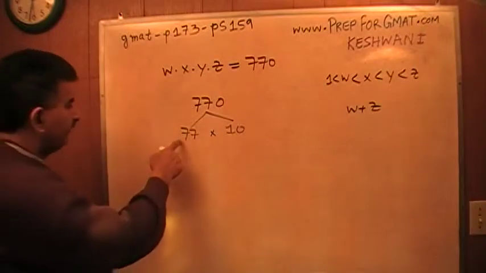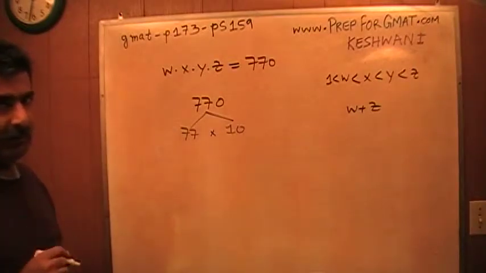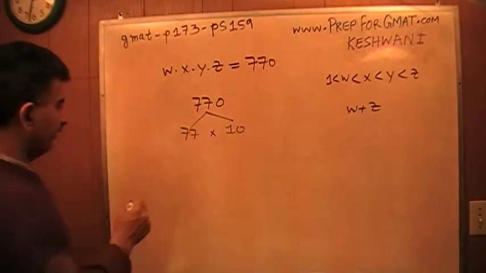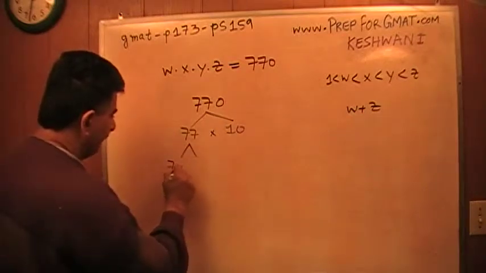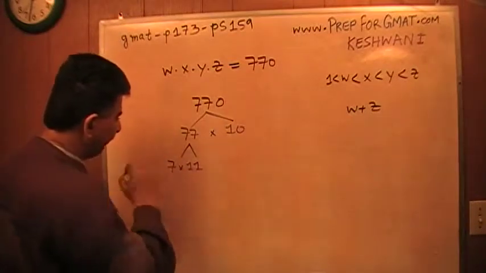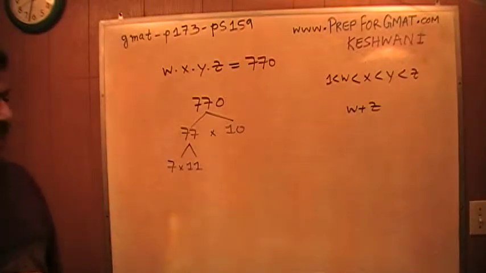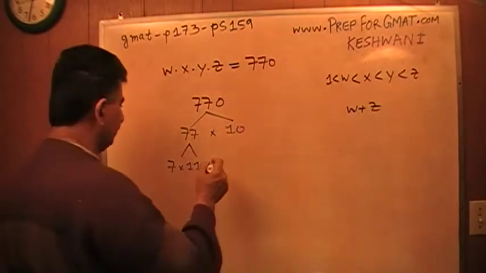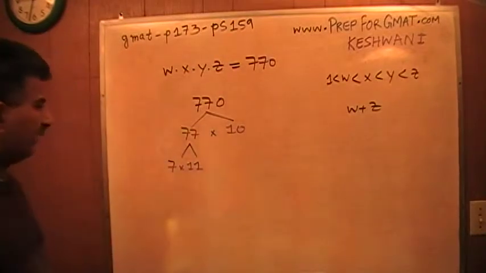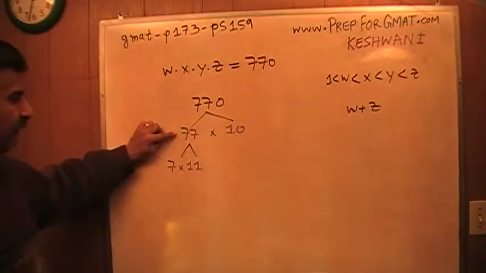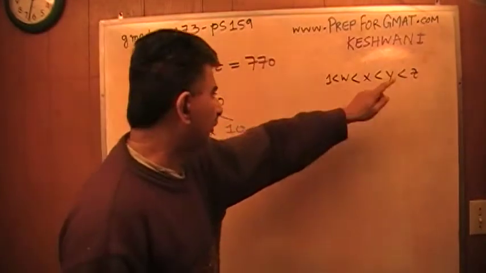How can I divide 77 further? There is only one way you can break 77 into 2 parts, which is 7 times 11. That's all. There is no other way. How can I break 10? Well, you could write 10 as 10 times 1, but that would be silly and futile because we are told that everything has to be more than 1.